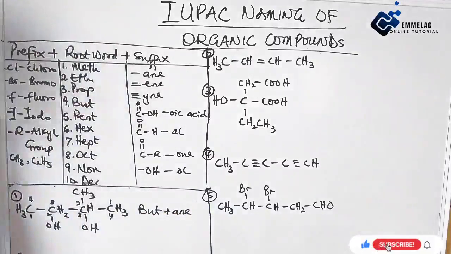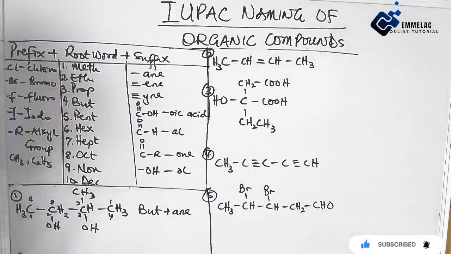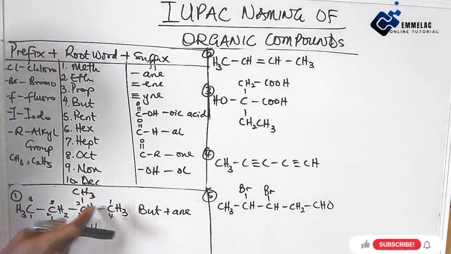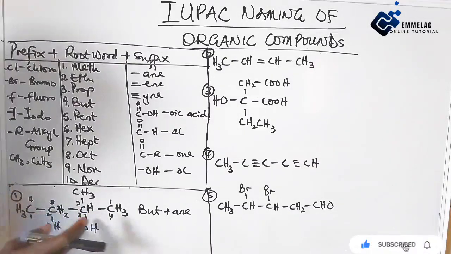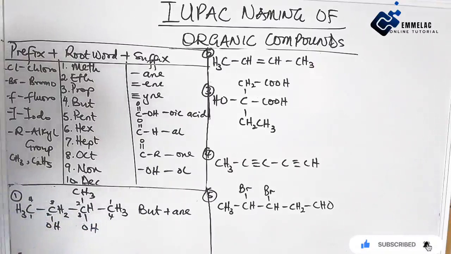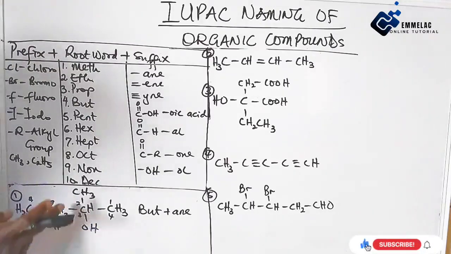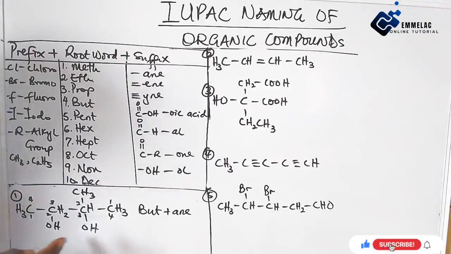Now here we can see we have a functional group. Now we'll choose the shortest. So here we have 1, 2, 3, 4, and here we have 1, 2, 3, and 4. Now here we have the methyl, which is the prefix, position number 2.